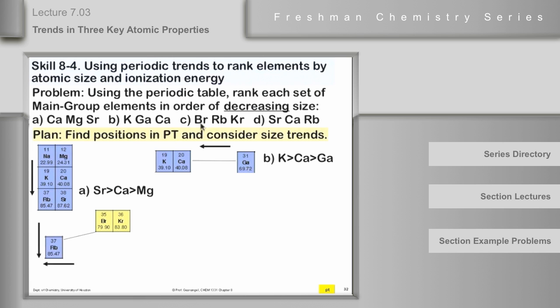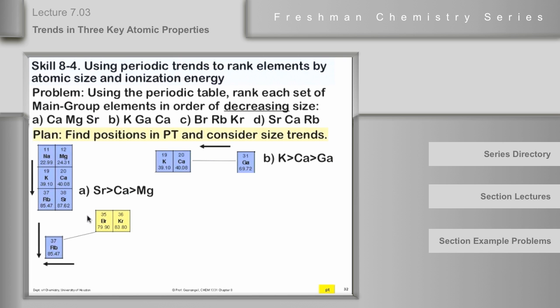If I look at the third one, you have bromine, rubidium, and krypton. Now here we have a two-trend problem because bromine and krypton are in one period and rubidium is in the next period down. Okay? So the trends are for bromine and krypton that the size increases from right to left.